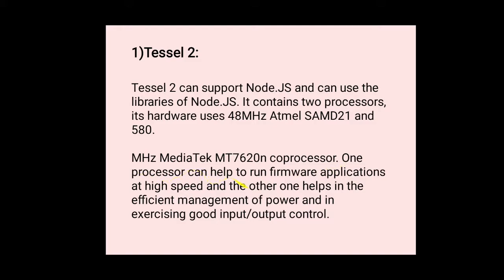One processor can help to run firmware applications at high speed, and the other one helps in the efficient management of power and in exercising good input output control. Okay, means here it is used to build basic IoT prototypes and applications.